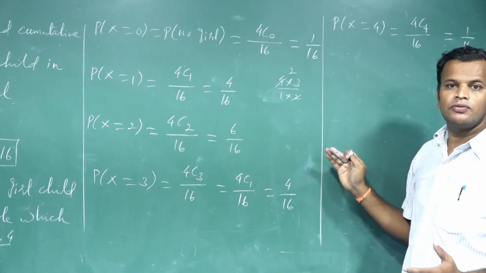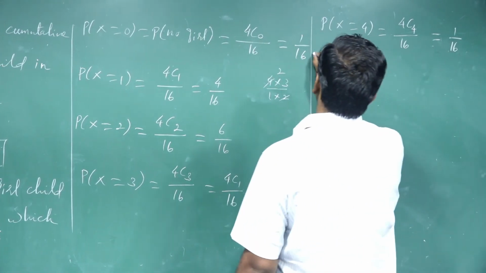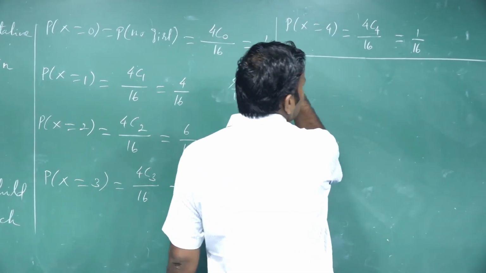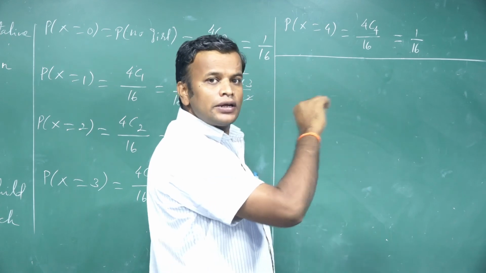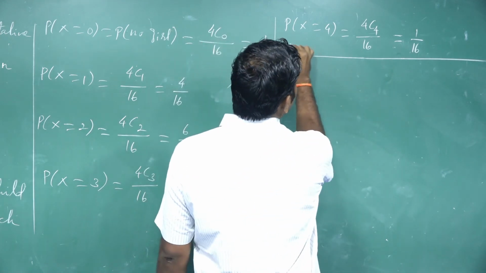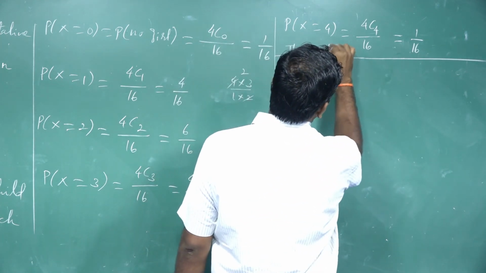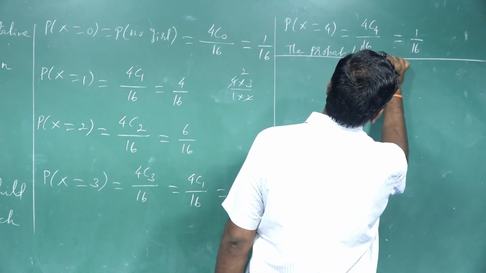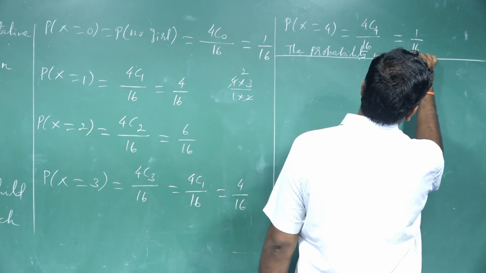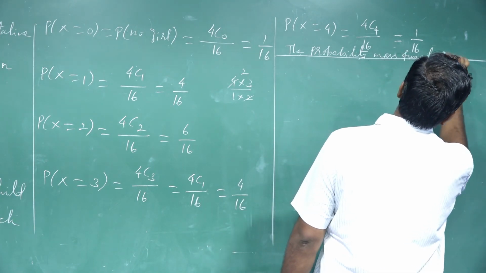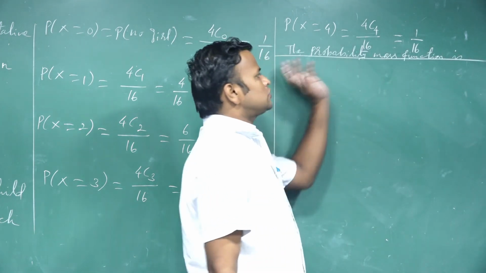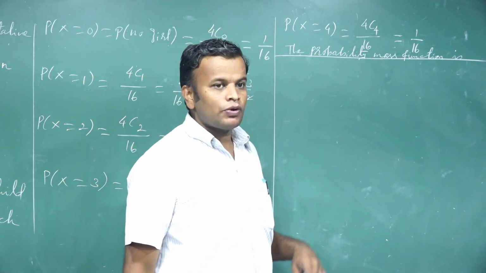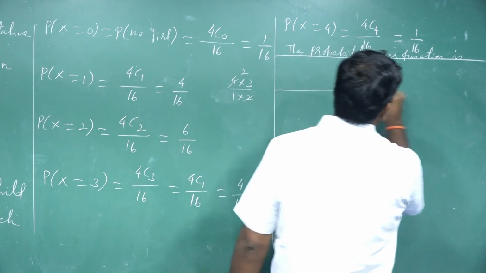So we have found all the probability values. Next we form a table. The name of the table is the probability mass function. You can write the heading or directly write the answer. Suppose we write the heading, the probability mass function is. There will be 2 rows.